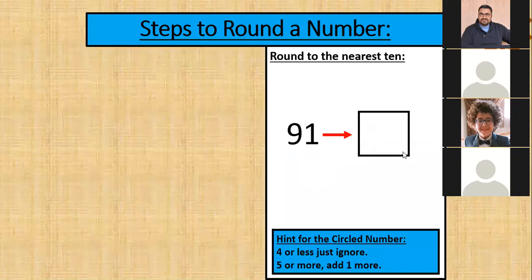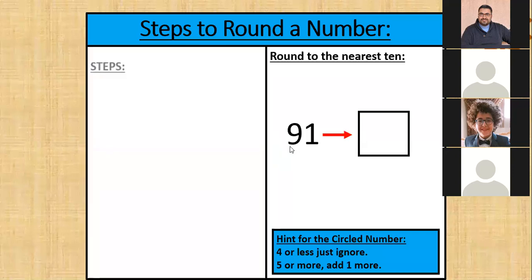I want to ask Hamza again. Hamza. Okay. 91. I want to round 91 to the nearest 10. The answer will be, Hamza? 90. Very good. Thank you, Hamza. So Hamza now corrects his mistake and tells me that 91 will be 90. How does Hamza know that?